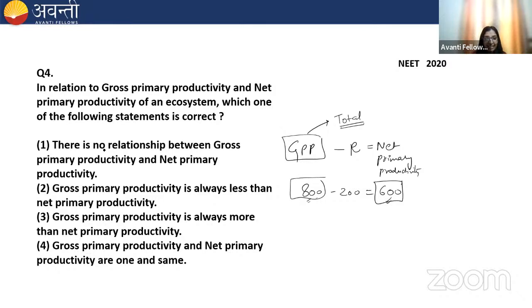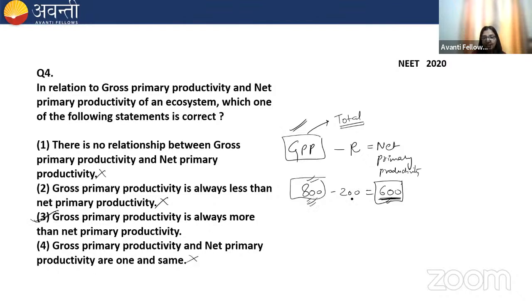Option 1 is saying that there's no relationship between the gross primary productivity and net primary productivity. No, there's a relationship. Gross primary productivity is always less than the net primary productivity? No, gross primary productivity is always more than the net primary productivity. Third says gross primary productivity is always more than the net primary productivity. This is the correct statement. Gross primary productivity and net primary productivity are one and the same?